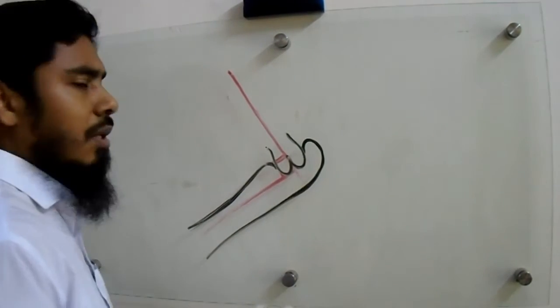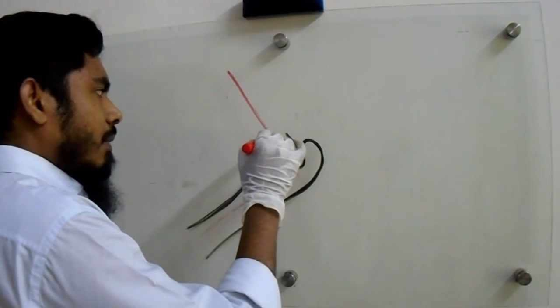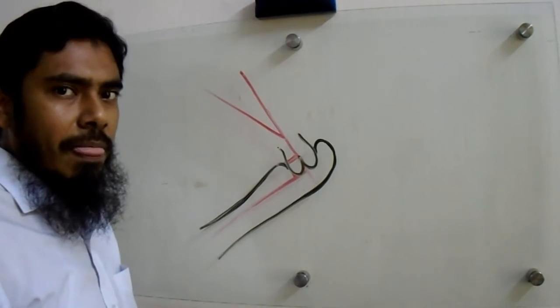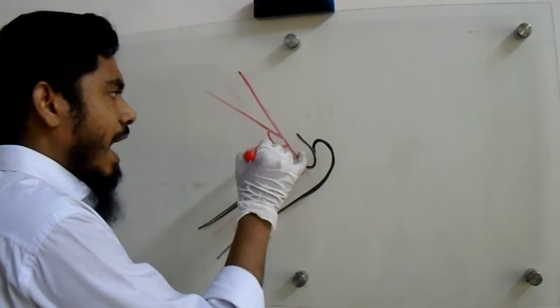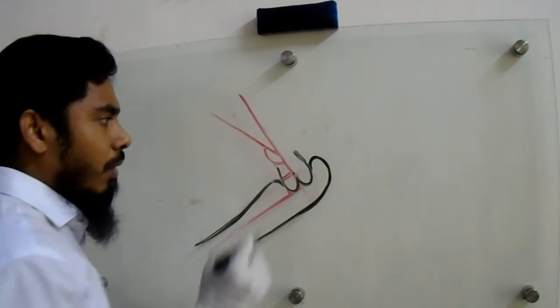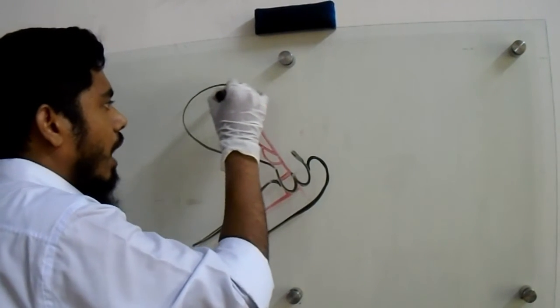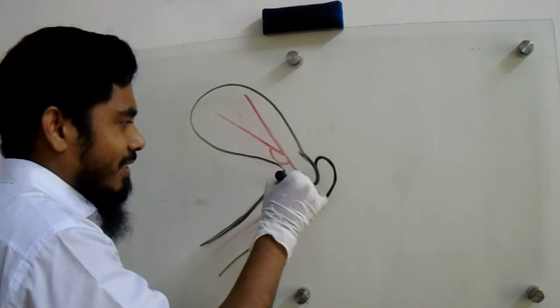Now you will draw another line from the upper part of the cervix in this manner, creating about 120 degree or 125 degree angulation with that line. Then you will draw an inverted U from one upper end of the W to the other upper end of the W. Okay, W means the cervix.